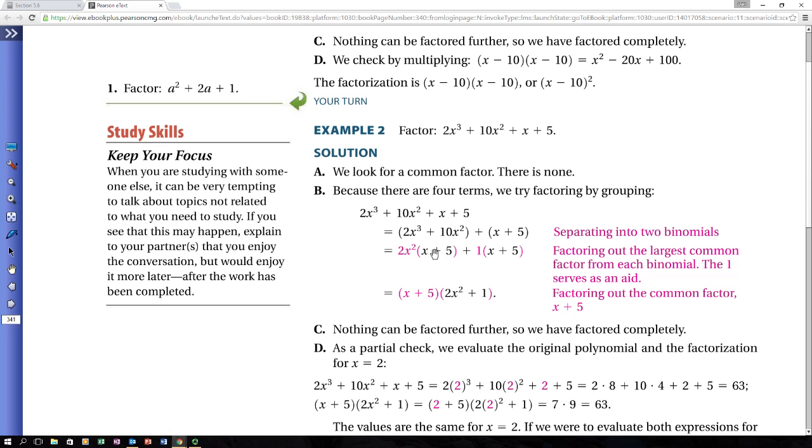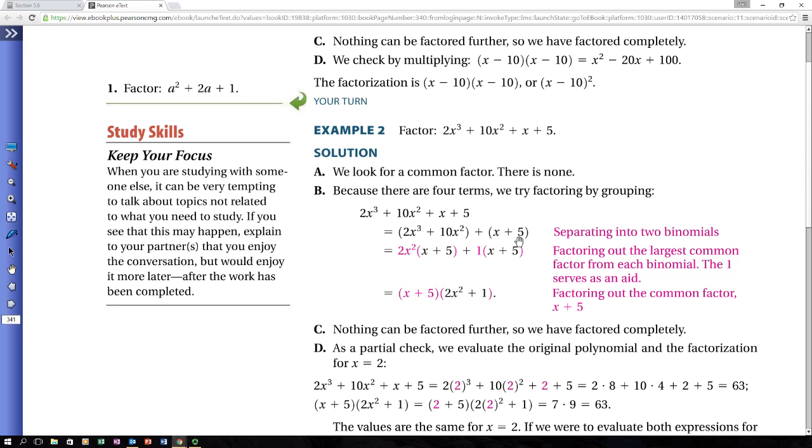In this first group, 2x cubed plus 10x squared, the common factor is 2x squared. And then the resulting other factor, once it's factored out, is x plus 5. Now, notice that x plus 5 and x plus 5, hey, we got a match on something in our terms again.